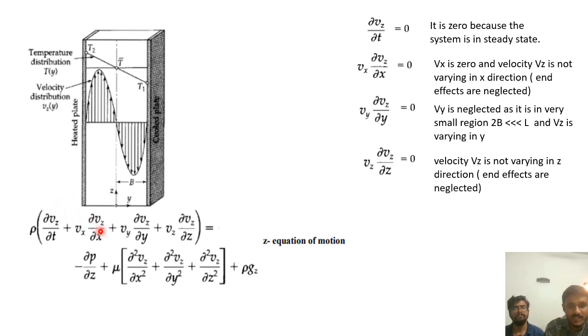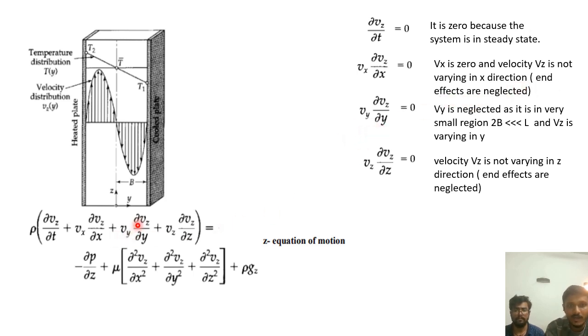The next term, Vx into dou Vz by dou x, is zero because Vx is zero and also Vz is not varying in the x direction. So overall this term is zero, and also again end effects are neglected in this case.